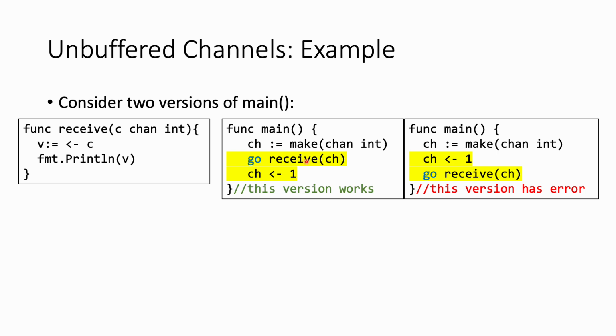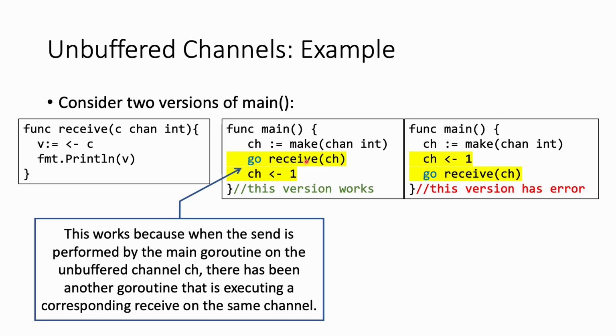The first version works because when the send statement is made by the main goroutine on the unbuffered channel CH, there is another goroutine that is executing a corresponding receive on the same channel CH.